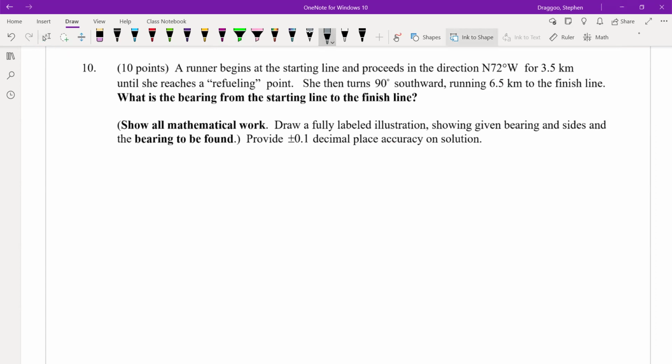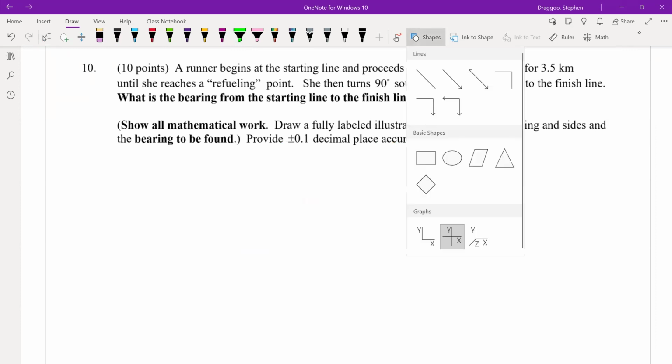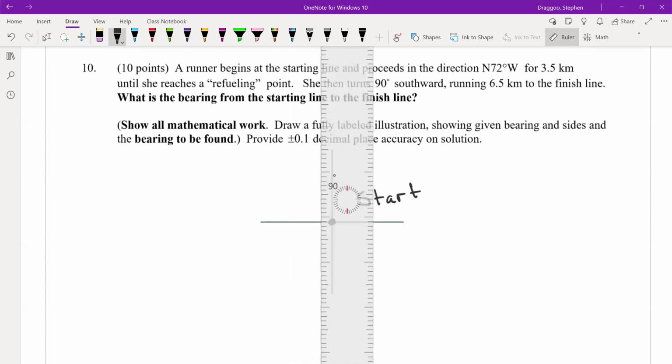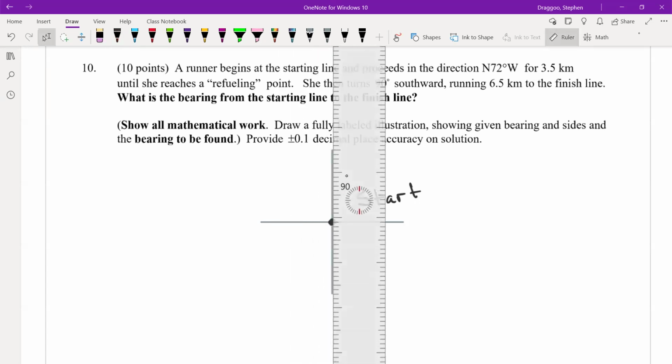So let's do that. Right, so this will be our starting point, right here. Start. So we are going to head 72 degrees west of north. To draw that bearing in, I should start at north.